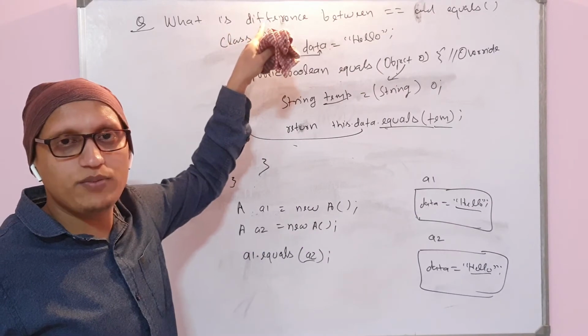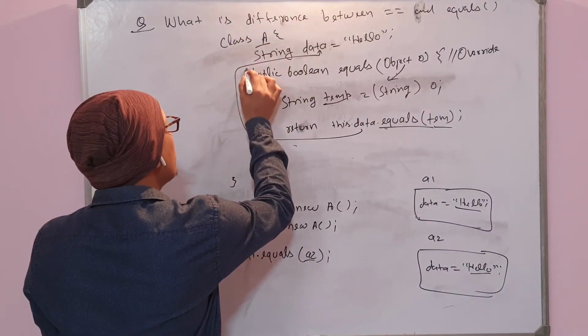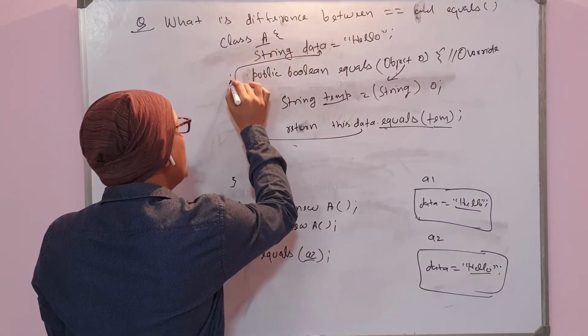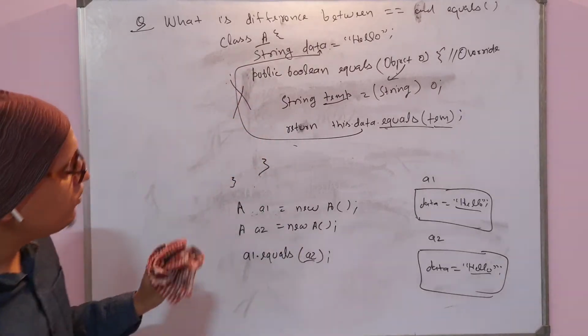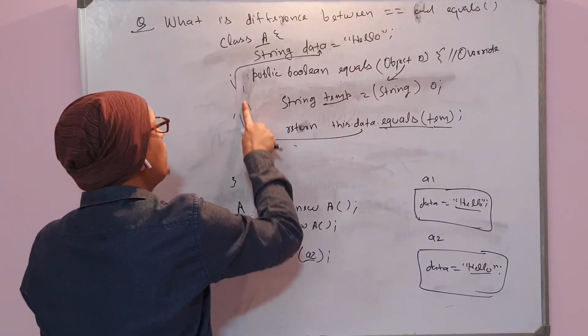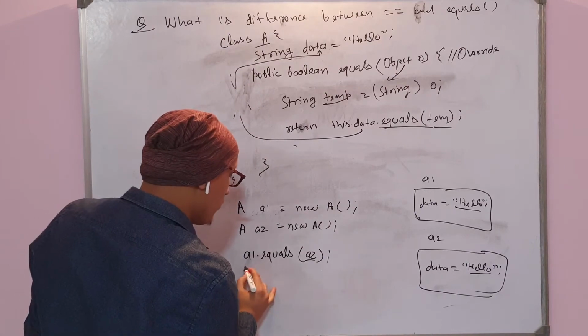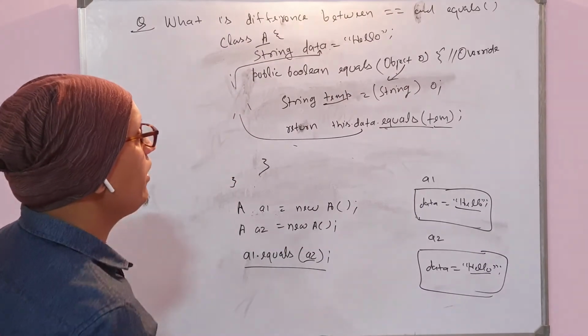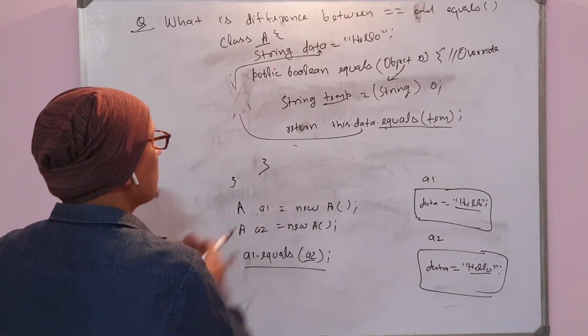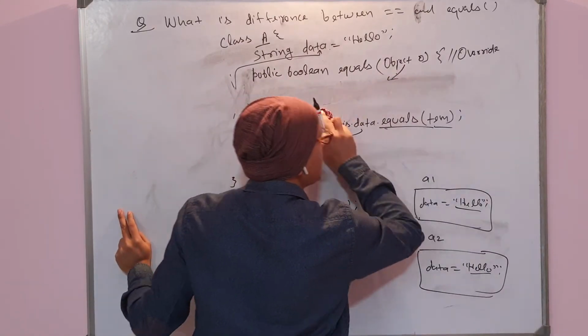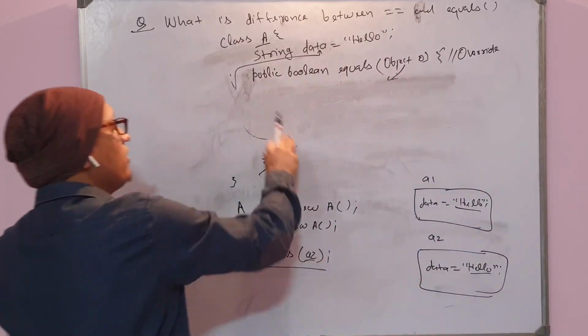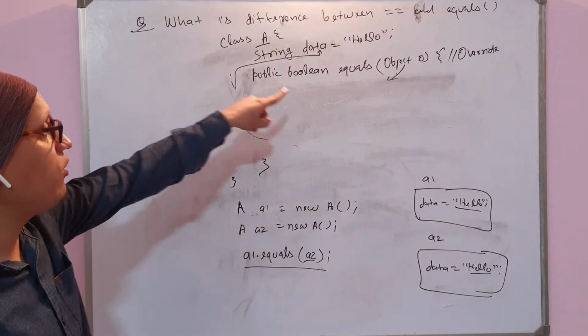class A equals method. Suppose you have not overridden this one, and even though you do a1.equals(a2), if you have not overridden this, then it is going to take the default behavior of equals.